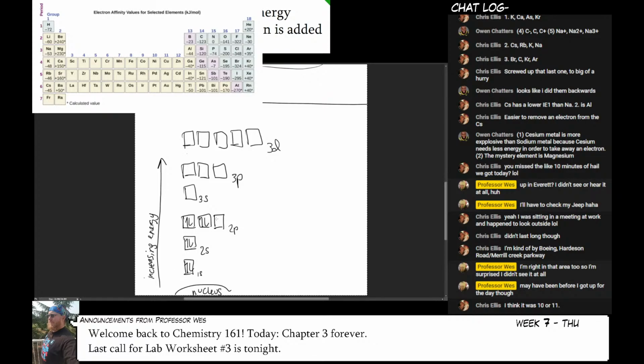The first element I'm going to look at is neon. It's got 10 electrons, and you can see that neon very, very barely wants an electron. The reason is that if I add an electron in here, everything in levels 1 and 2 is full, right? So I'd be adding an electron to n equals 3, and it's hard to do that. So noble gases won't accept extra electrons easily.